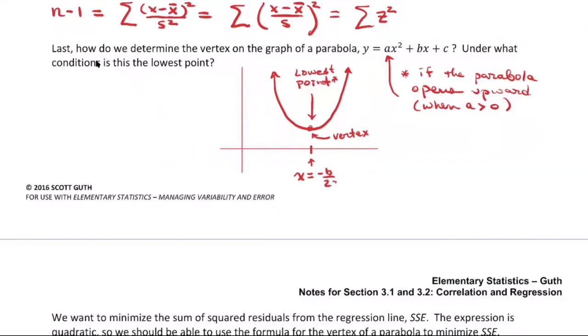And maybe some of you remember that and maybe you don't. Okay, so the vertex always occurs where x is negative b over 2a. And I could explain that, but that's a 20-minute talk also. So just trust me.